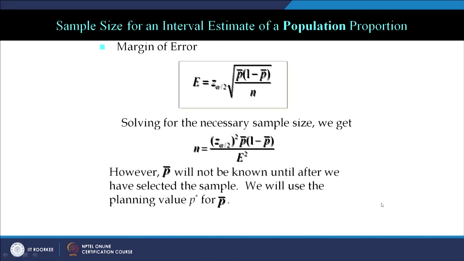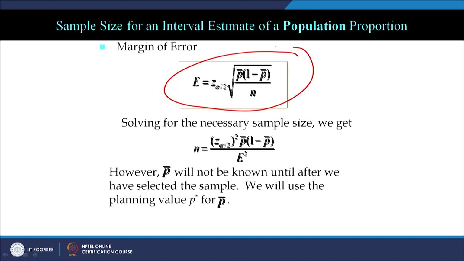Now, let us look at sample size determination. So far we have seen confidence interval for population mean and population proportion. Let us look at how to estimate or how to calculate sample size. We know that the margin of error is represented by this formula.